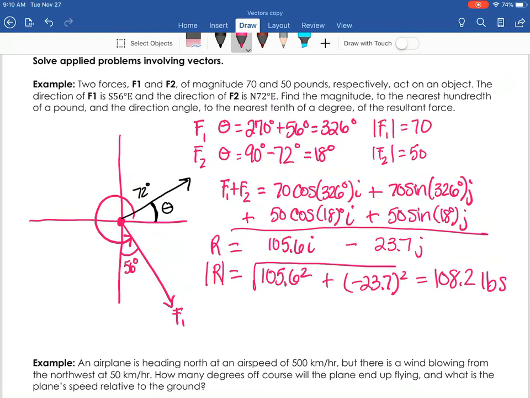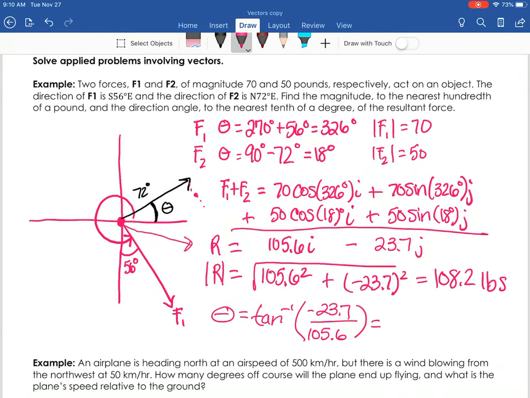Now to find my direction of that vector, I take my B, my vertical component, which is negative 23.7, over my horizontal component, which is 105.6. Remember, I'm adding these two vectors together. If I imagine that I create my parallelogram, my resultant vector is going to come up in here somewhere.